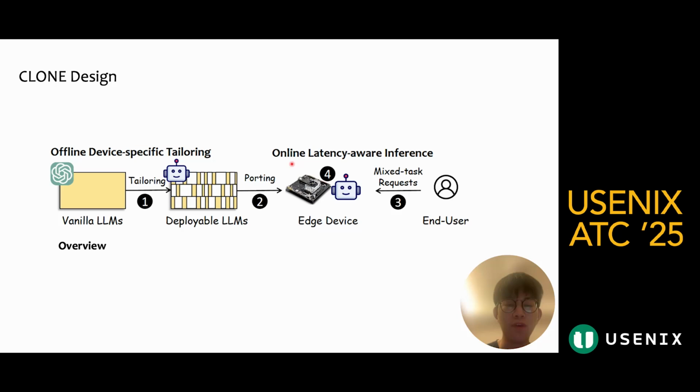The second stage is the online latency-aware inference. Based on the end user's task request, the edge devices dynamically adjust the adapter and frequency to meet the user's requirement and keep the model performance.